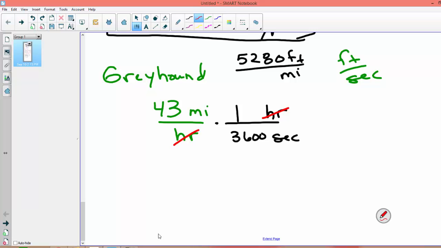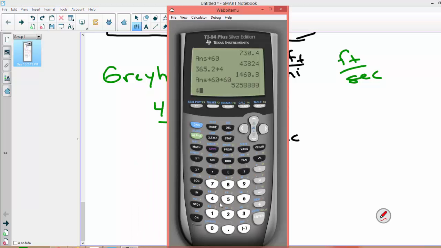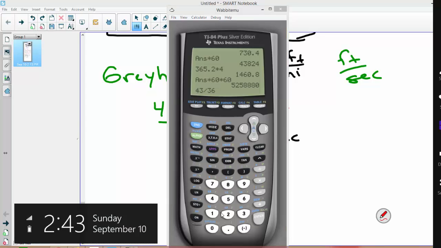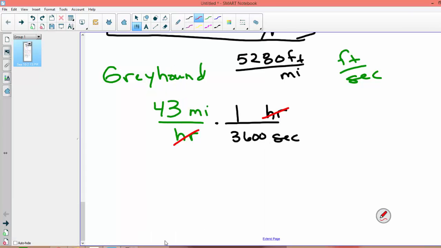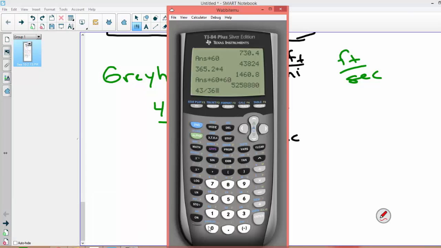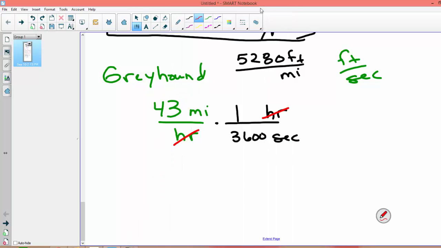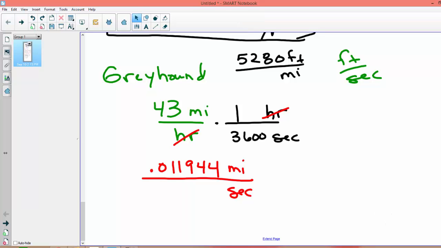So 43 divided by 3,600 is .011944 miles per second. And then see if that makes sense. I mean, that should make sense, because in 1 second, you're not going to go that incredibly far.